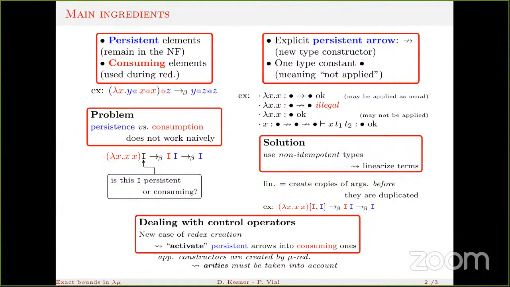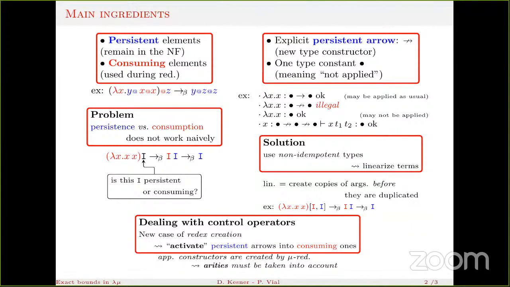But the problem was that because of duplication, it cannot be formally defined in the lambda calculus. So the solution was to use non-idempotent types because it allows creating duplicates of terms before they are actually duplicated and makes the notion formal on the type level.